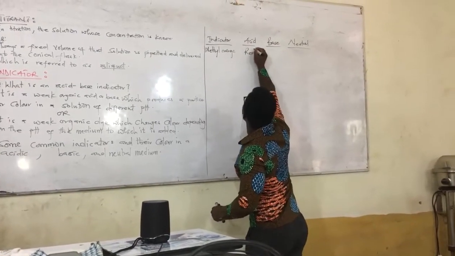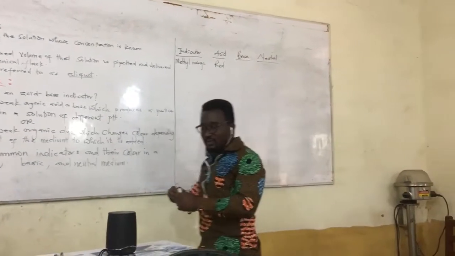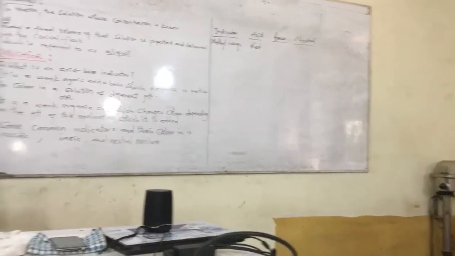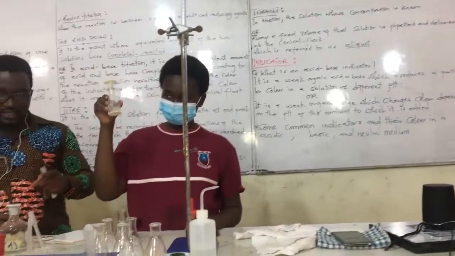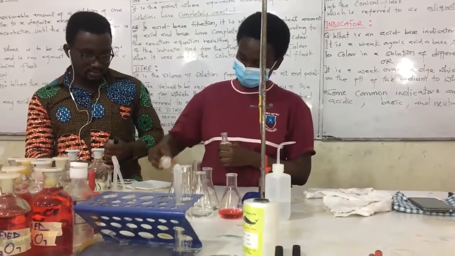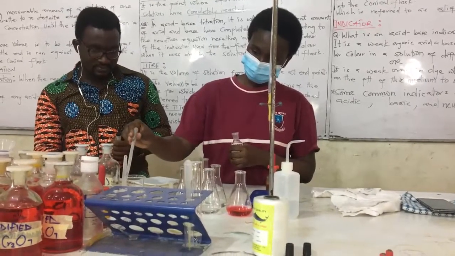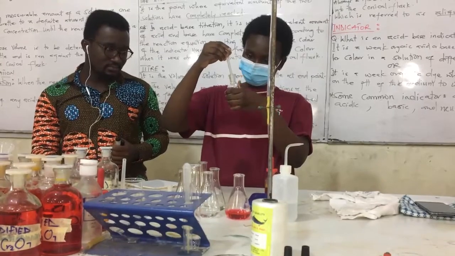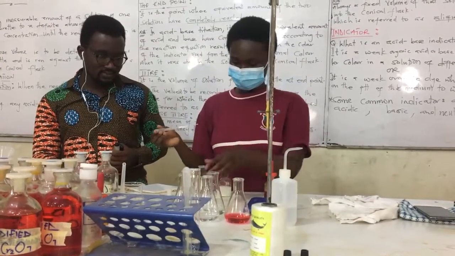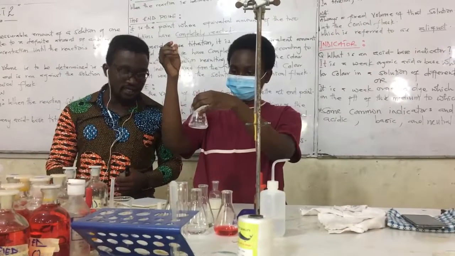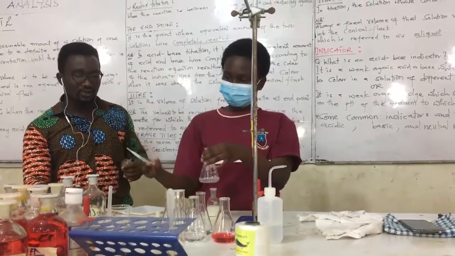So methyl orange is red in acid. Okay, madam, let's continue with the next one. You want to look at phenolphthalein in solution A. Some few drops in solution A, good.